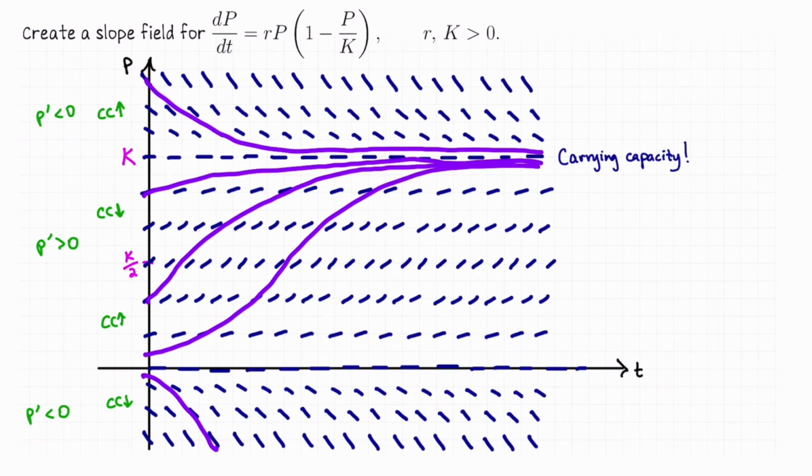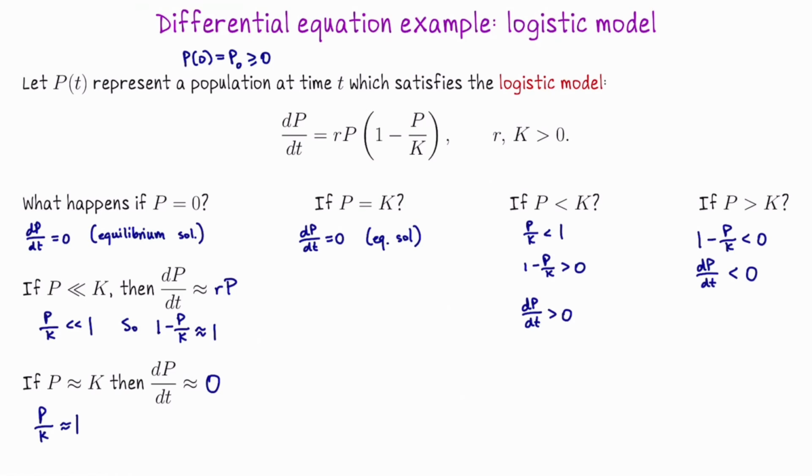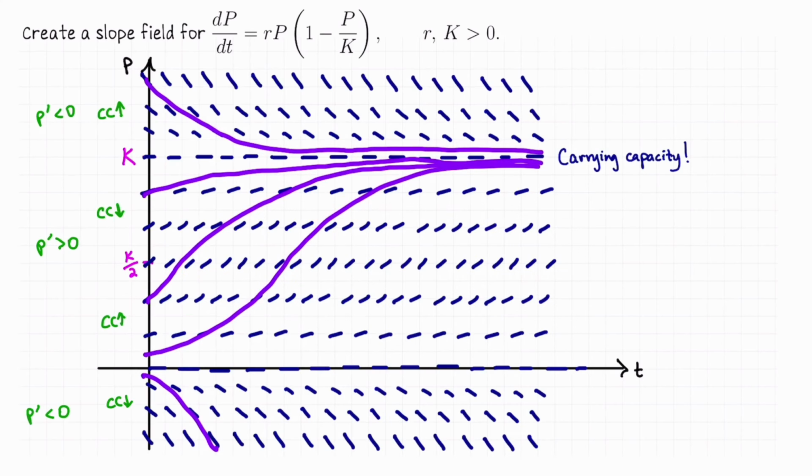So the logistic model is in a lot of ways more realistic than the exponential model for growth. What it says is that within some region, you might see something which looks kind of like exponential growth. So if k is a large number and p is much, much smaller, you might observe exponential growth, but only for a while.